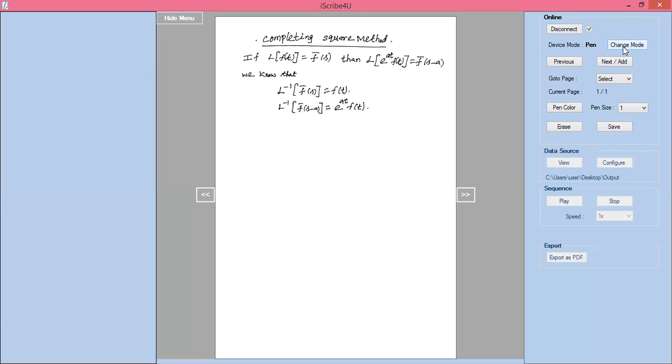Using this equation 1, L inverse of f bar of s minus a equals e power at into f of t. What is f of t? It is nothing but L inverse of f bar of s. So it is e power at into L inverse of f bar of s.